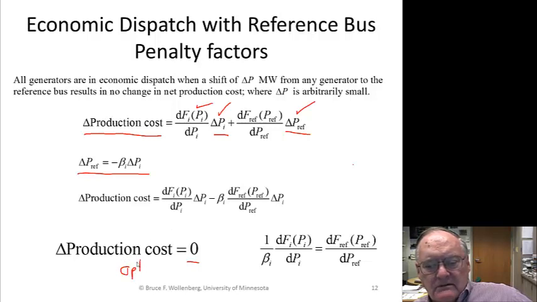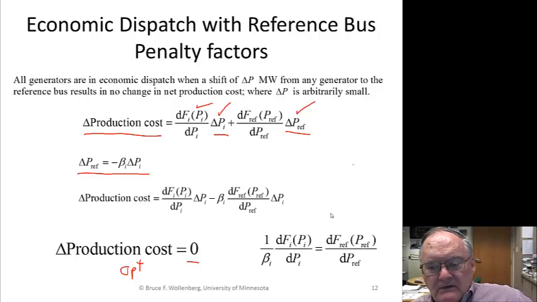Well, I can take a slight increase on delta Pi and reduce delta P ref, and the production cost doesn't change. I've reached that optimum, that sweet spot where I'm at the minimum. Well, then this comes out to be 1 over beta times dFi/dPi is equal to the reference bus cost.